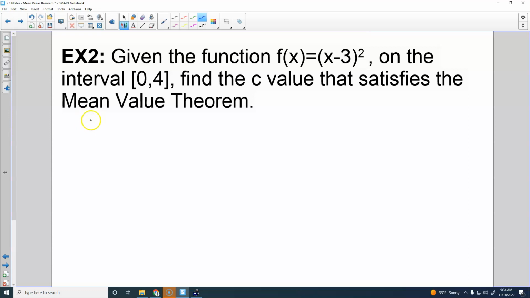So we would say since f is, I'm just going to call it a polynomial function.